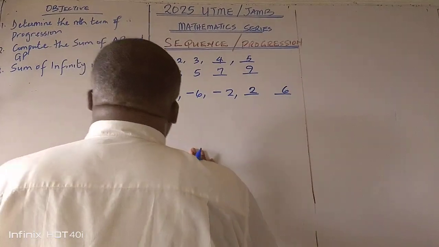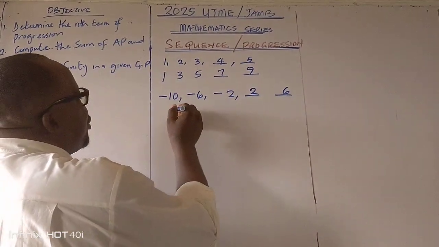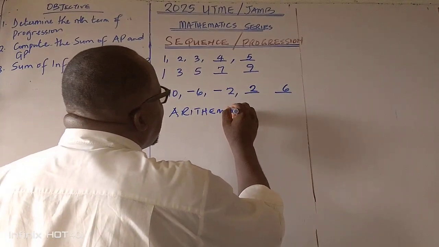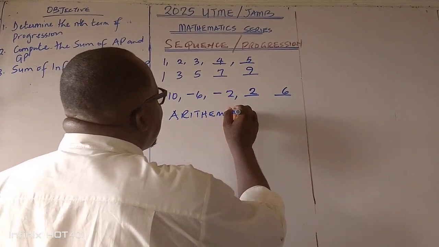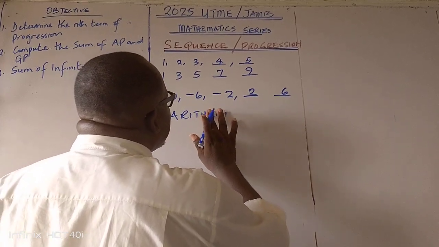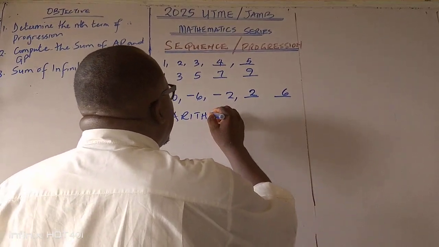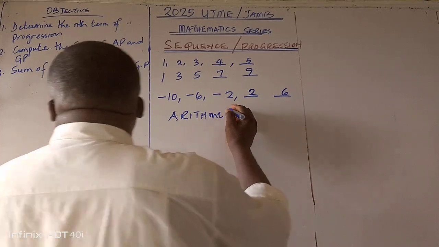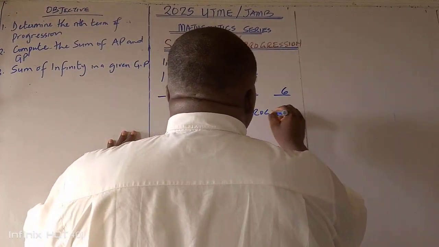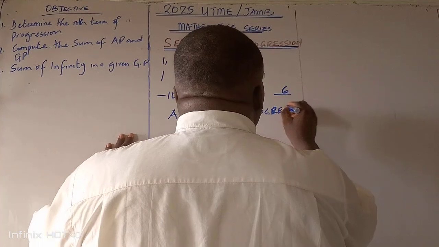So let's start first by considering what we call arithmetic progression.